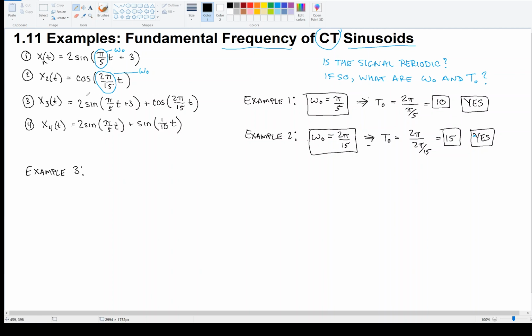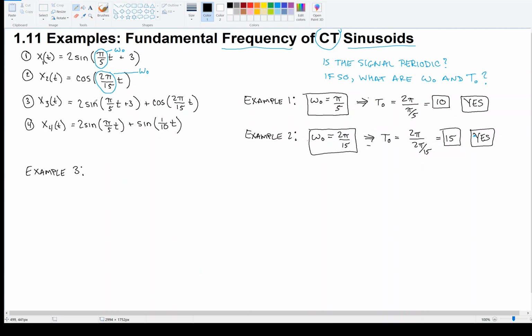So how many units of time does it take for the whole signal to repeat? Think about it. Well, the fundamental period here is not 10, and it's not 15. Yes, this first one repeats every 10. Yes, this second one repeats every 15.